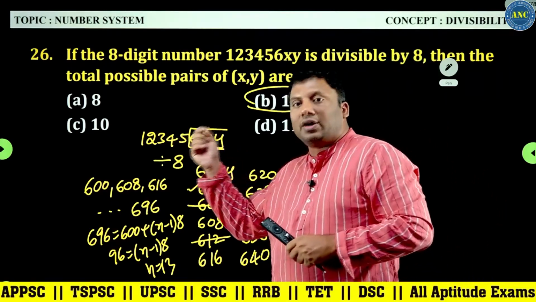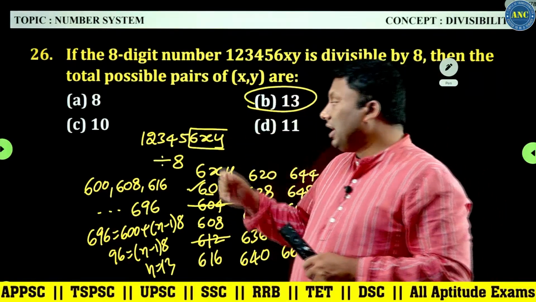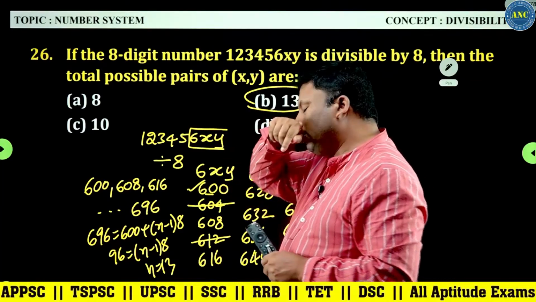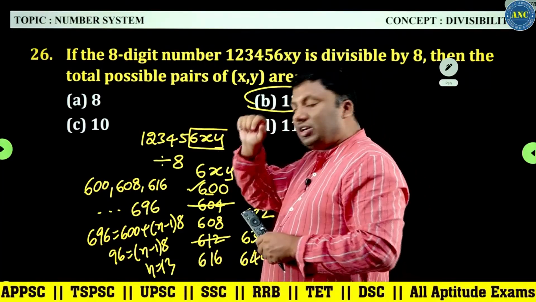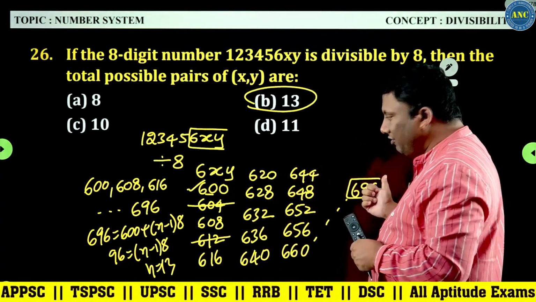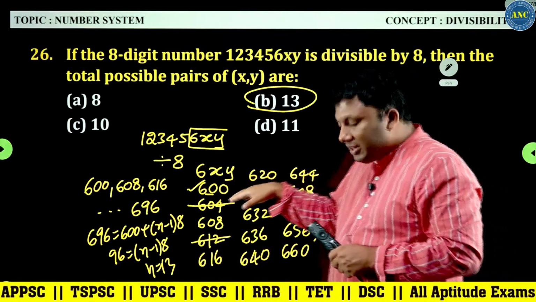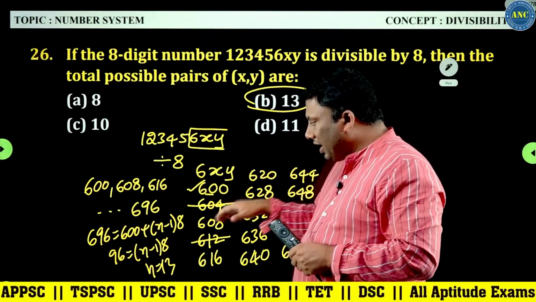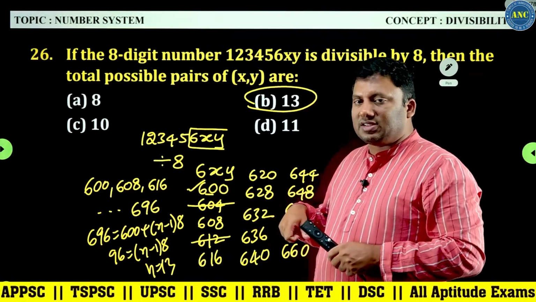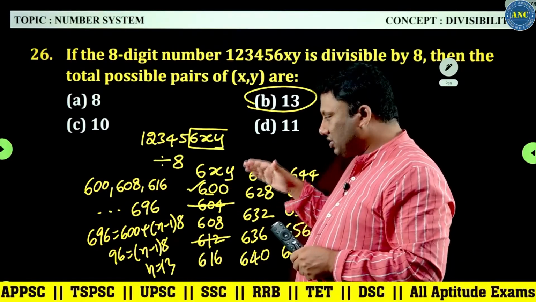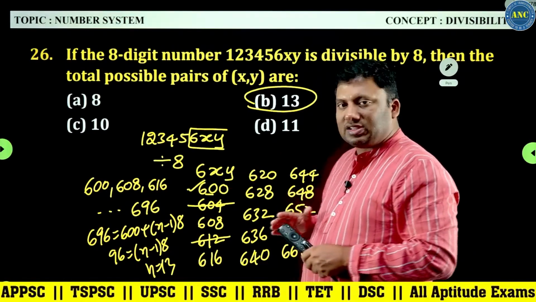For this number to be divisible by 8, last 3 digits should be divisible by 8. For it to be divisible by 8, last 2 digits should be divisible by 4. These are all the cases which are divisible by 4. Then eliminate the cases. 600 divisible by 8. 608. 8 7s are 56, 608 divisible. 600, 608, 616 till 696.